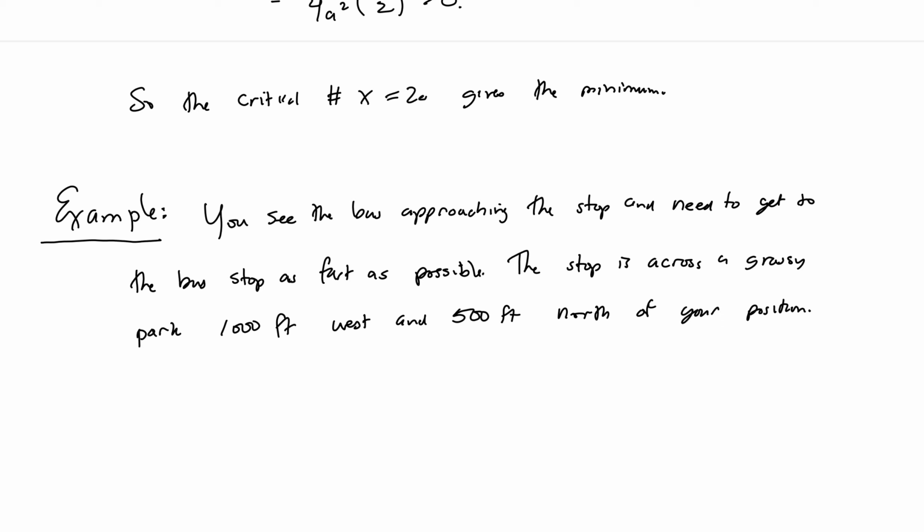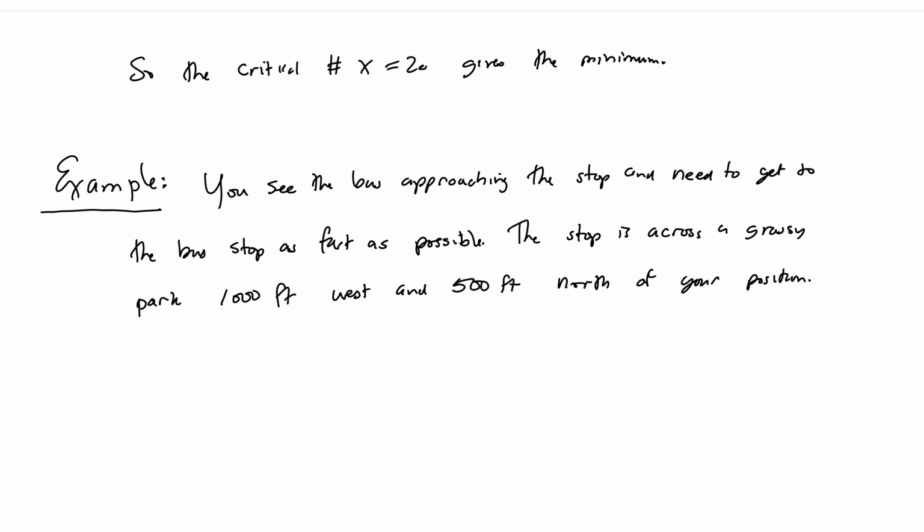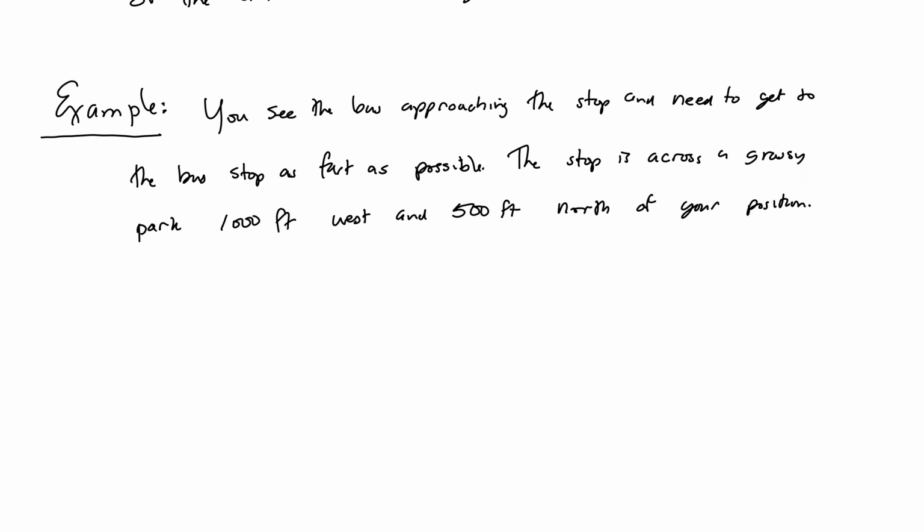Okay, so we know that the bus stop is across the other side of a grassy park. So it's 1,000 feet west of you and 500 feet north of your position. That's the size of the park as well. Basically, you're on one corner of the park and the bus is on the other.